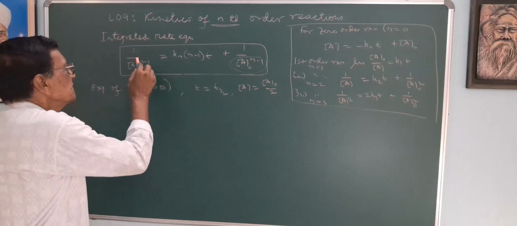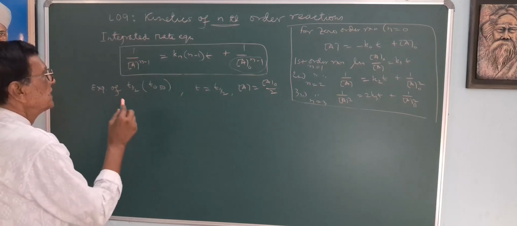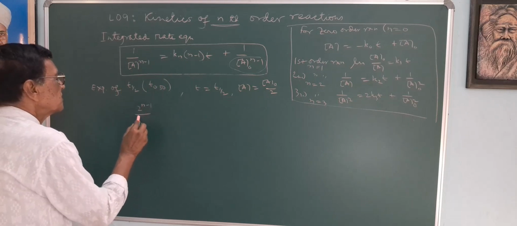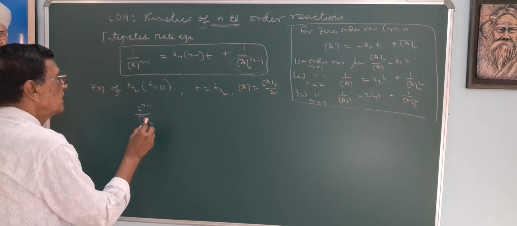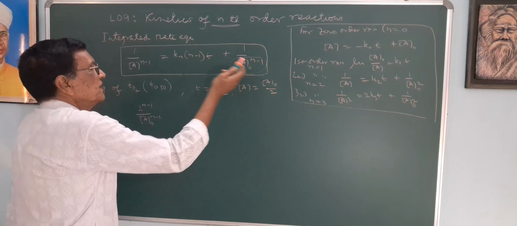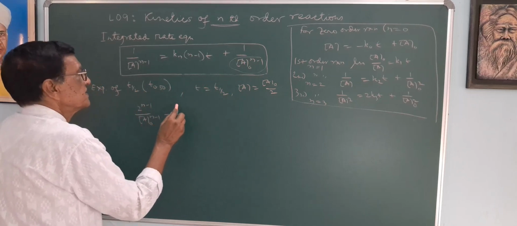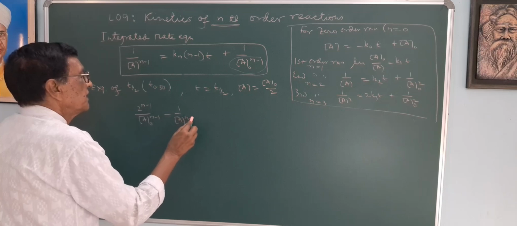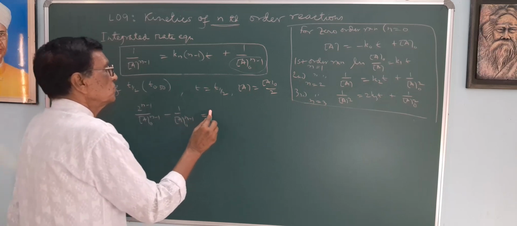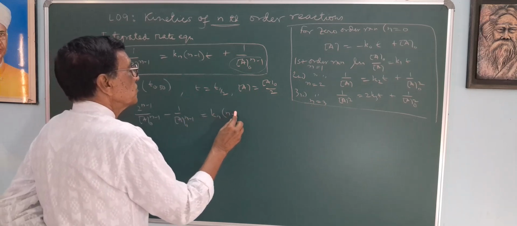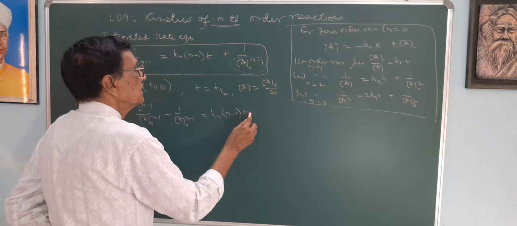So putting here 2 to the power n minus 1 and concentration of A0 to the power n minus 1, and if you bring this one here, minus 1 by concentration of A0 to the power n minus 1 equal to Kn (n minus 1) into t half.